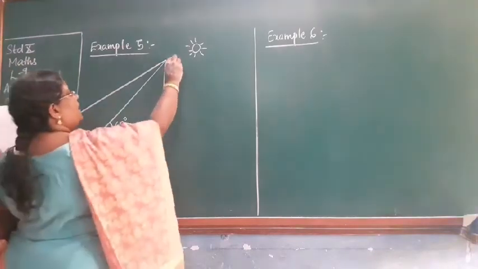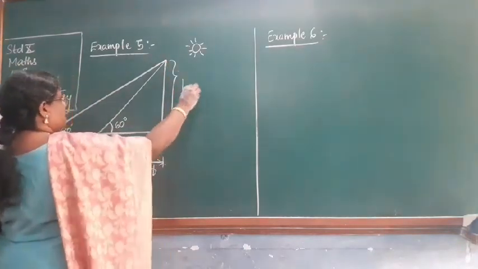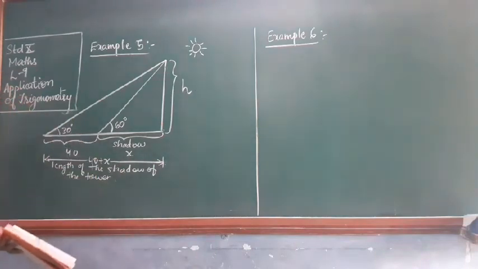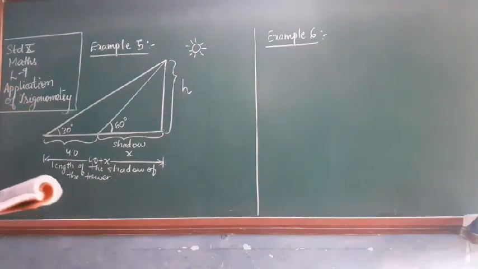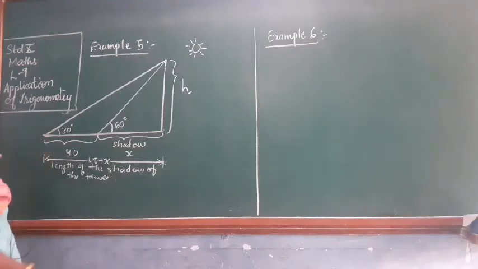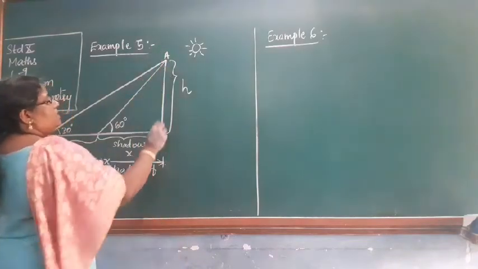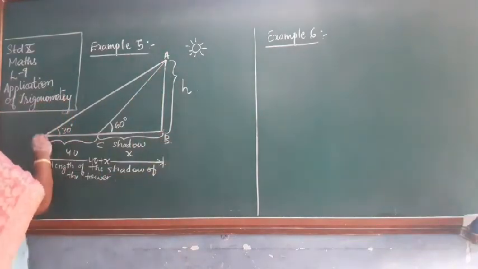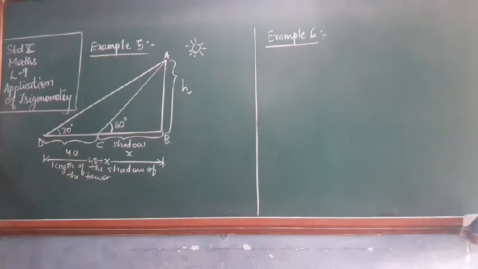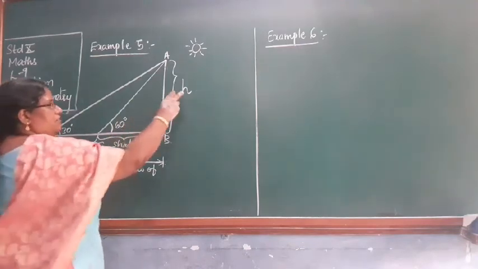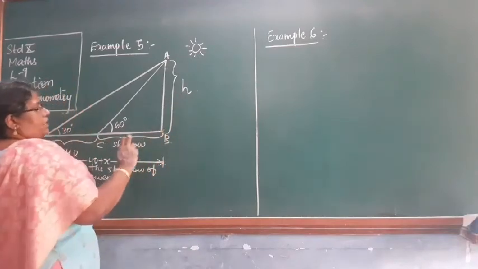So this is the height of the tower which you are supposed to find. Let me take the names as A, B, C, D. First we will find tan 60 with respect to H and X.